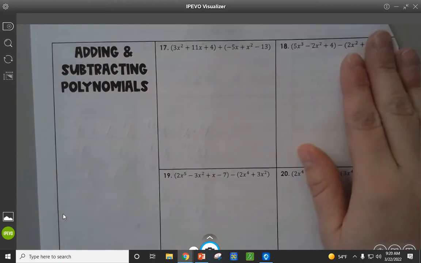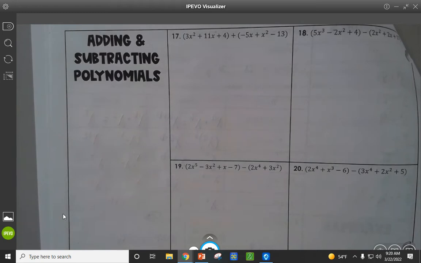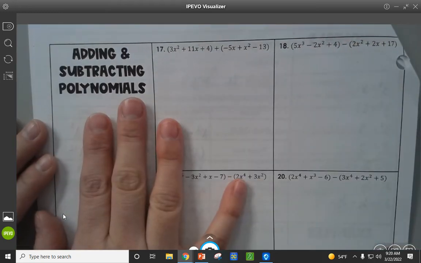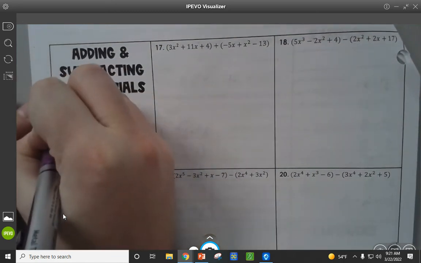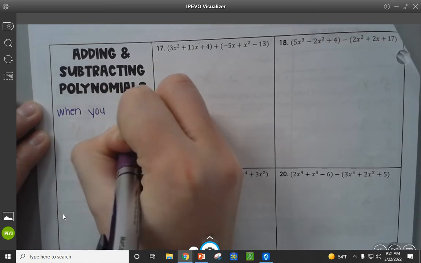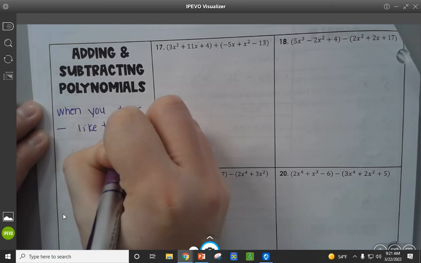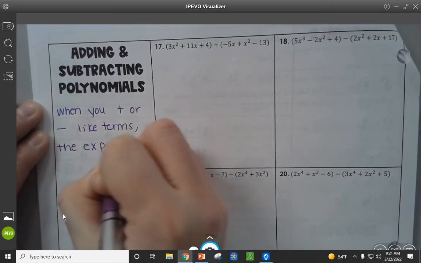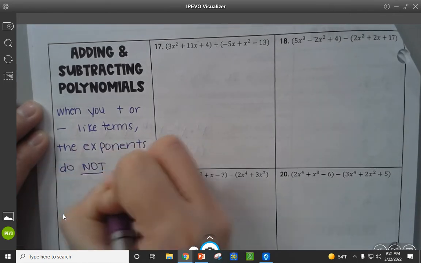All right, so we're going to continue, and this time we're going to add and subtract polynomials. Adding and subtracting, pretty much, it's only combining like terms. So when you add or subtract like terms, the exponents do not change.